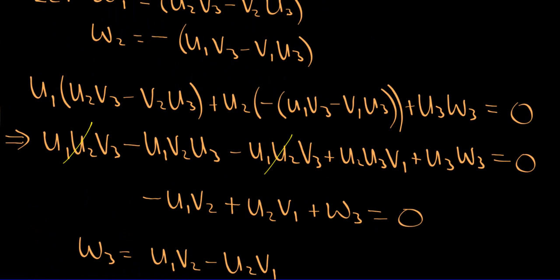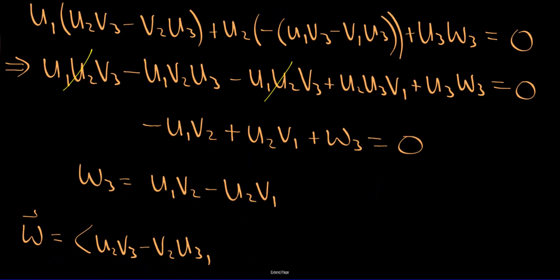Let me just keep the minus out here: minus U1 V3 minus V1 U3. Now, comma. So look, I've got W1, W2. Now W3 is this bad boy right here, and I don't need the parentheses: U1 V2 minus U2 V1.